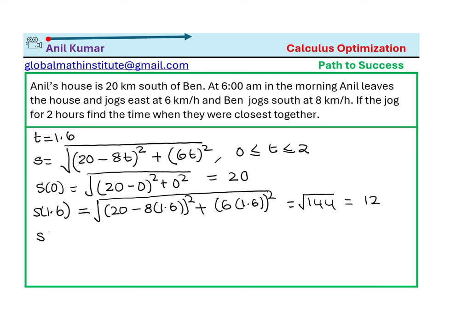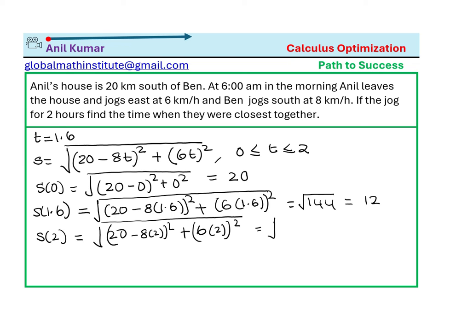Also, let's calculate the value at 2, which will be the square root of (20 minus 8 times 2) whole square plus (6 times 2) whole square. So that gives us 20 minus 16, 4 squared, which is 16, plus 12 squared, which is 144.